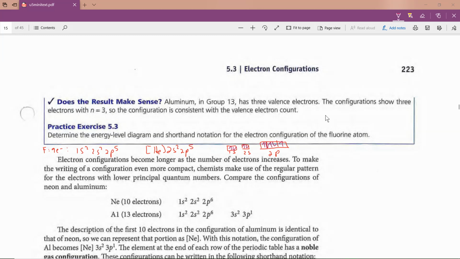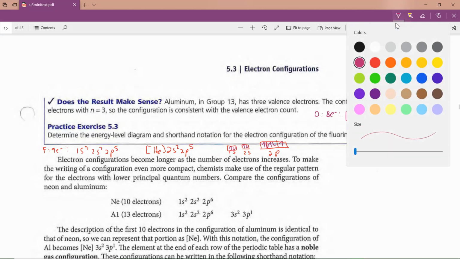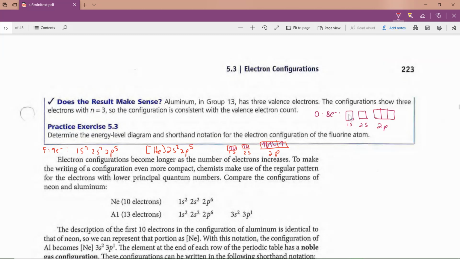And an interesting one, let's do oxygen with the orbital box diagrams, 8 electrons. So you got 1s, 2s, we got 2p. One, 2, 3, 4, 5, 6, 7, 8.